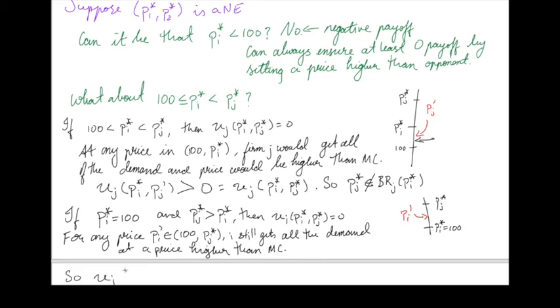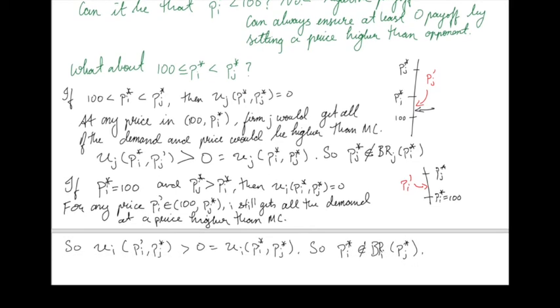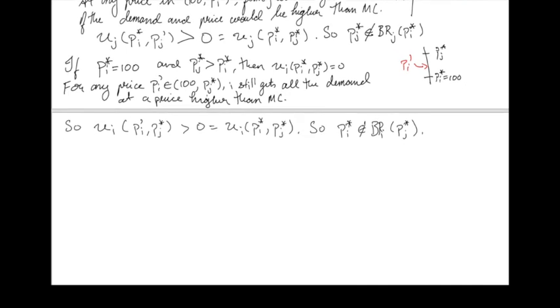So firm I's payoff from playing PI prime rather than PI star is higher. Again, we find that in this case for firm I, PI star is not a best response to firm J playing PJ star.